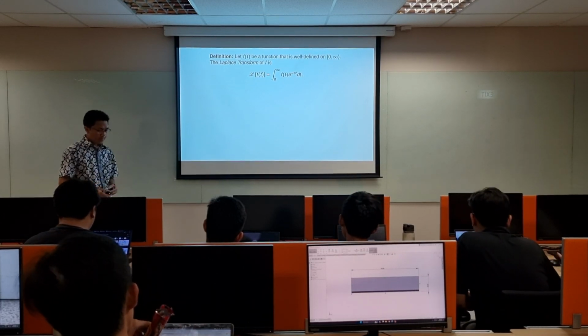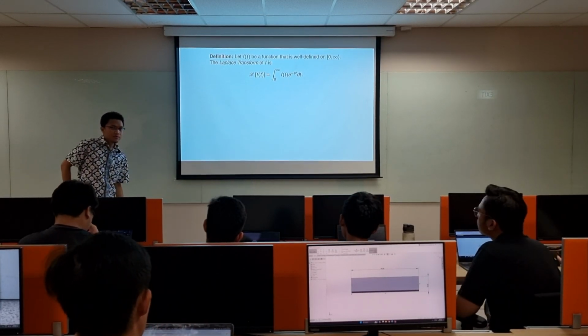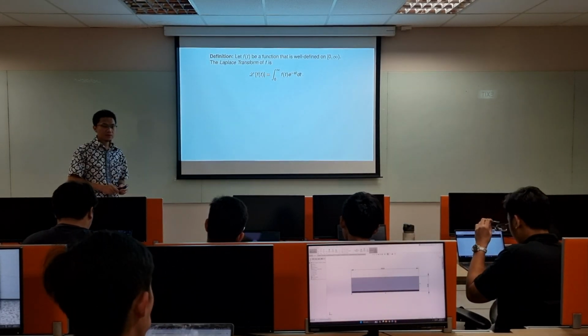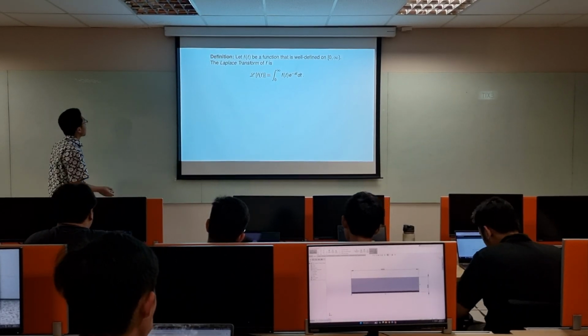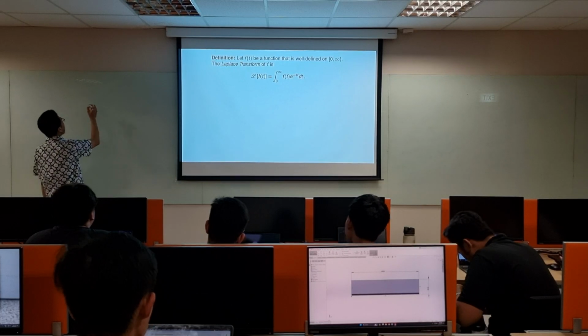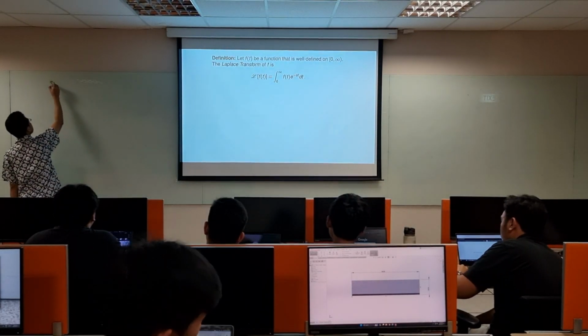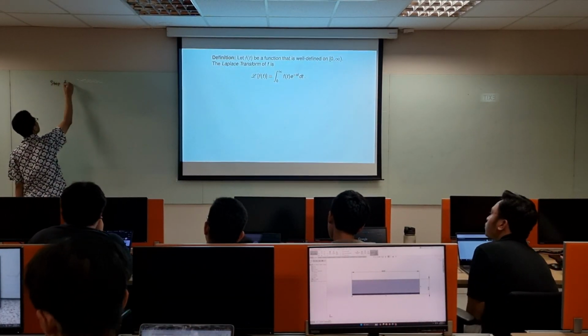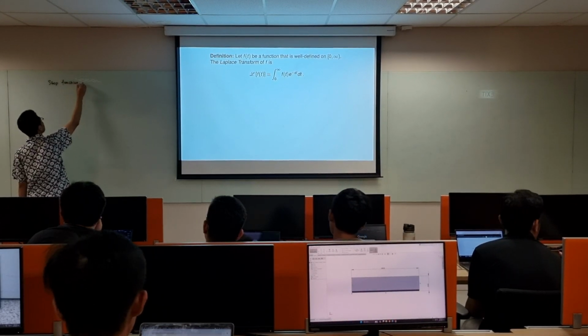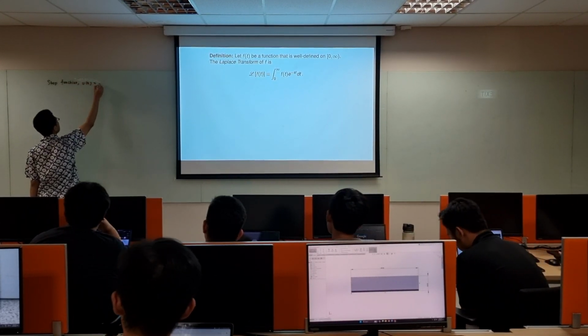So you remember when we wanted to derive the Laplace transform of the step function? You still remember how to do it? The step function u of t is equal to 1.